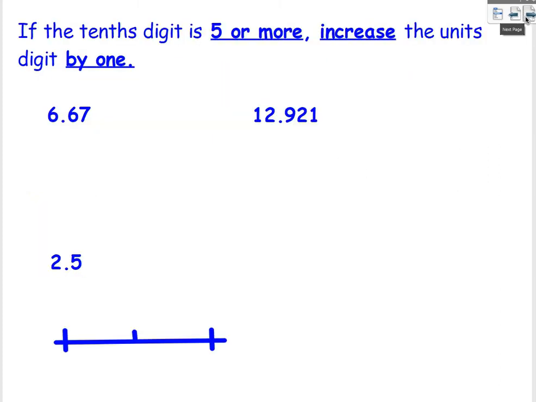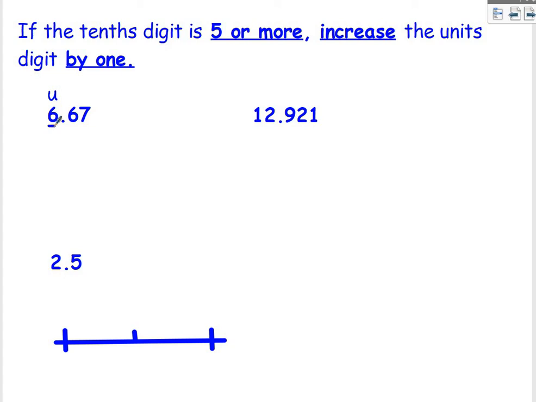So the first digit after the decimal point. If that number in the tenths column, so the one after the decimal point, is 5 or more, then we need to increase the units digit by 1. Let's have a look at an example. So this is the digit currently in the units column, the 6. We need to decide whether that is going to stay the same or whether it's going to be increased by 1.